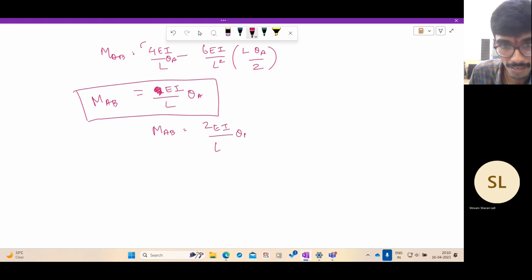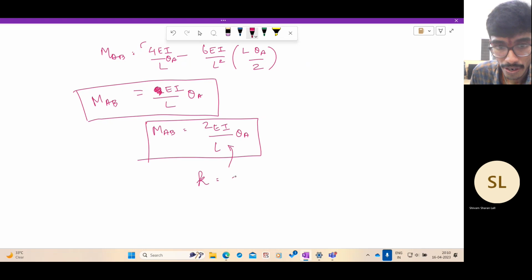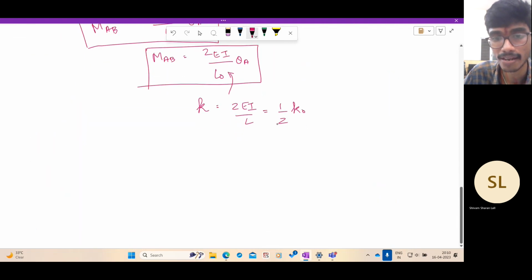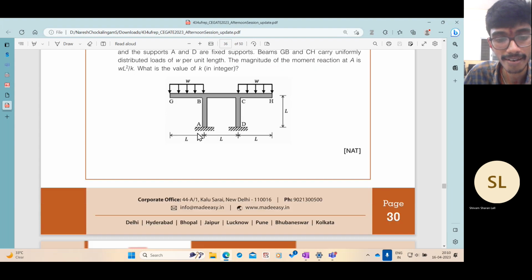So what is the stiffness factor here? K is equal to 2EI by L, which is half of the stiffness of the full beam, so half of K naught. If you didn't apply the symmetry boundary condition, you would have taken 4EI by L. But since you applied the symmetry boundary condition, it becomes 2EI by L, which is half of the original value. So that is the reason they have taken half. Is that okay? You understood?